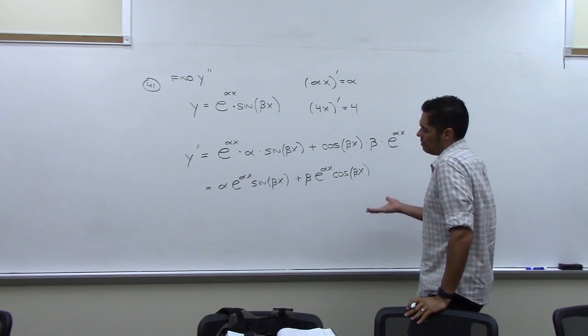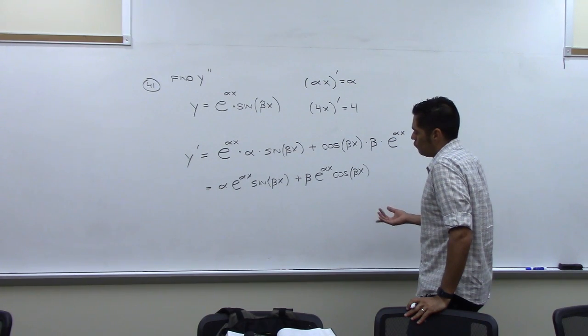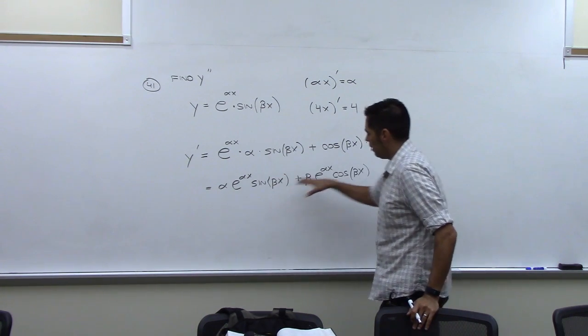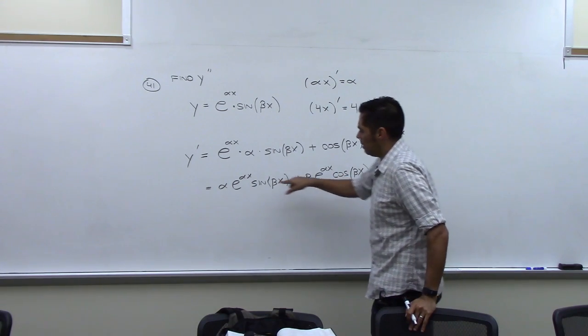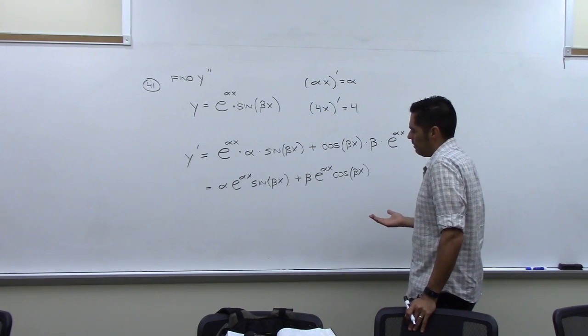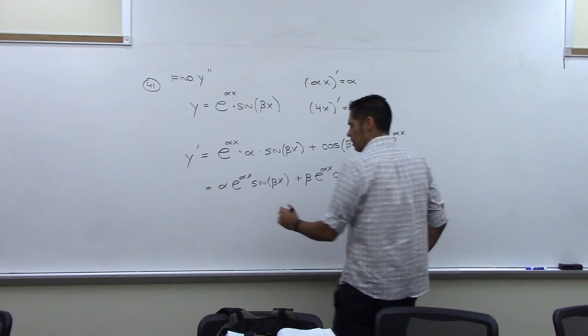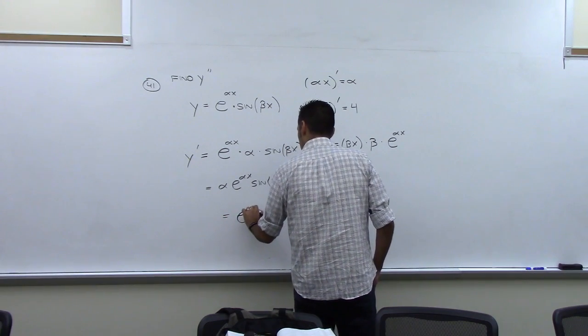Now I can go and take the second derivative right now and just do each one separately because there's two terms here. Or I could notice that they both have an e to the alpha x and factor it out. Kind of my choice here. I think I'm going to factor out the e to the alpha x. Let me do that. E to the alpha x comes out.